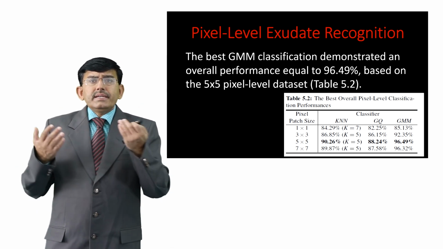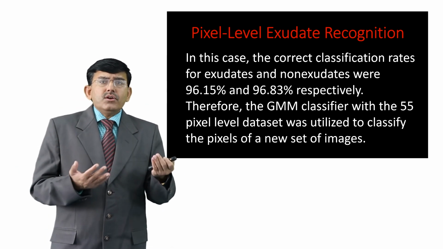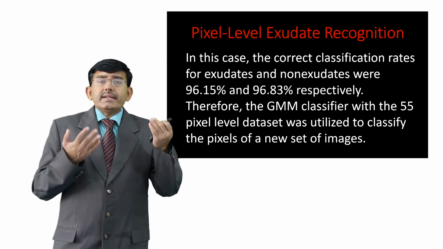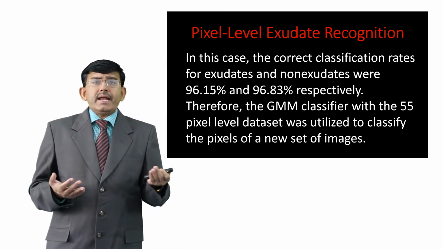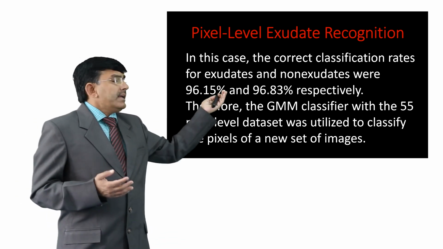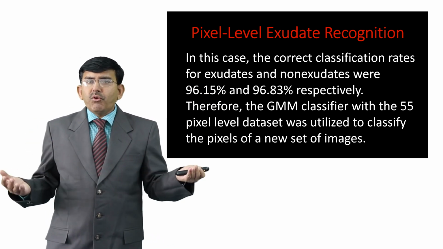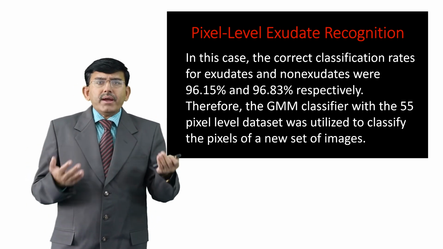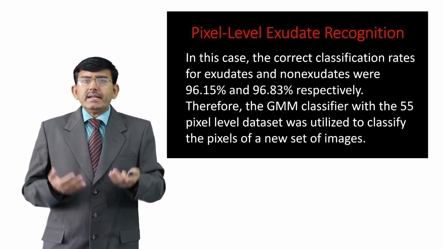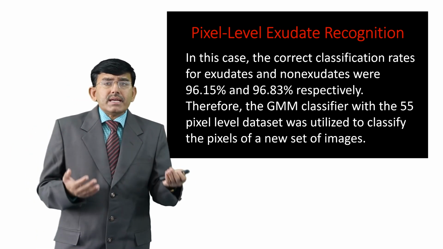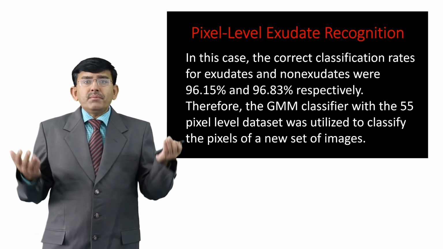In this case, the correct classification rates for exudates and non-exudates were 96.15% and 96.83% respectively. Therefore, the GMM classifier with the 5 by 5 pixel level dataset was utilized to classify the pixels of a new set of images.